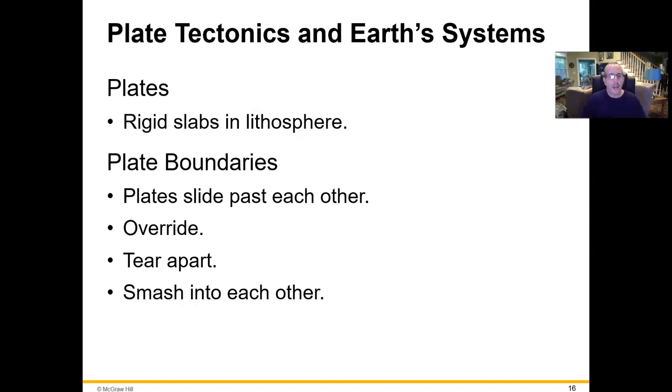I'll keep referring to plates. These are rigid slabs in the lithosphere. So basically, this is one solid piece of that crust that's floating on top of that molten inner core, actually on the mantle, but all of that is floating on that molten inner core. The plate boundaries are moving past or into one another, or diverging away from each other.